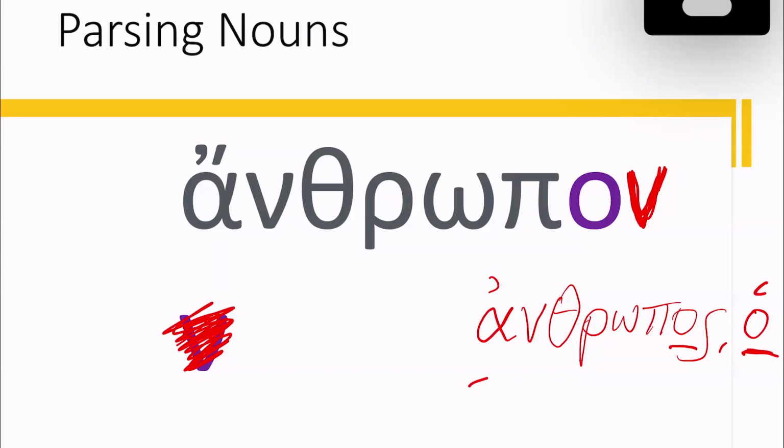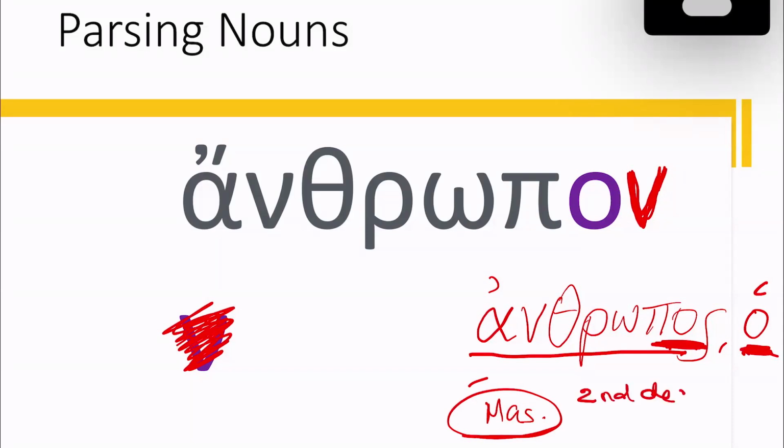So this is my lexical form, anthropos. This article is telling me the gender of the word. I know that this is a masculine word. And so therefore, because of this os ending and because of this masculine article, I know that this is a second declension masculine noun.